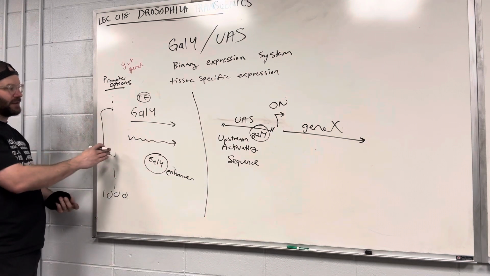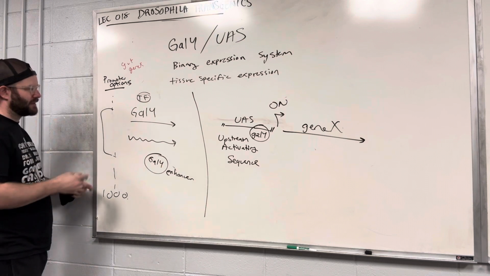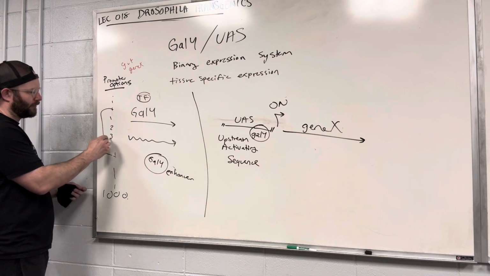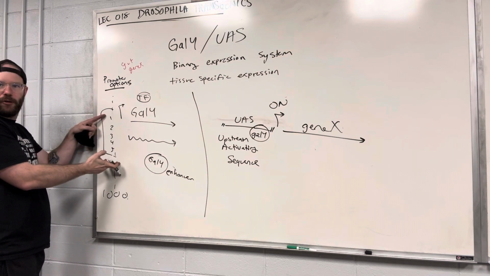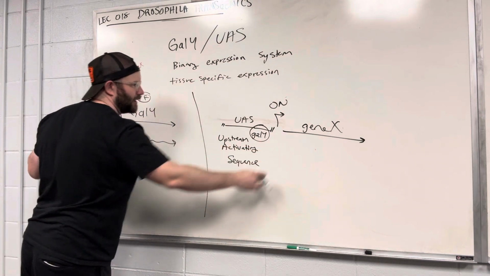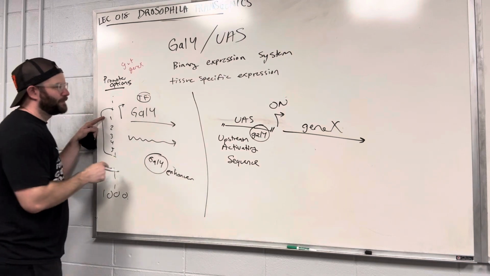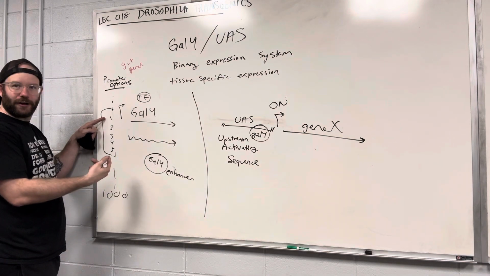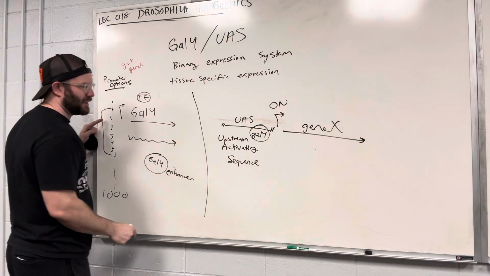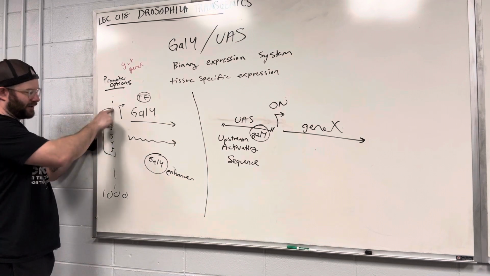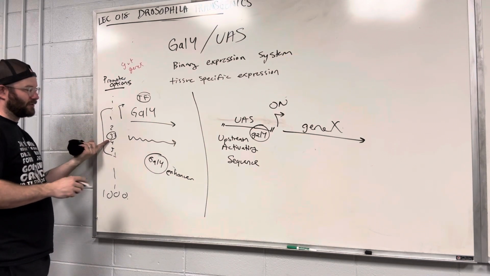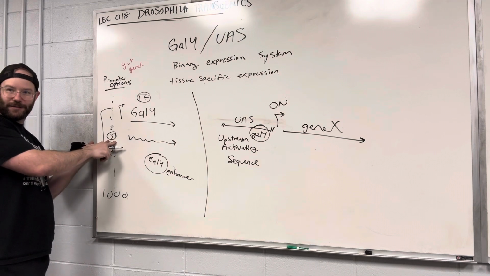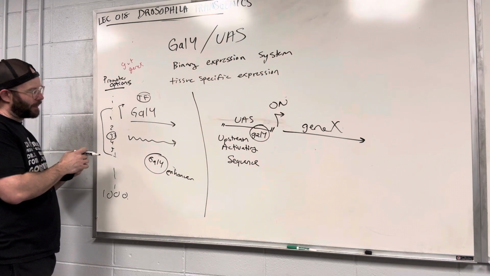You could just buy these. You could say, okay, I'm going to buy 5 different versions of Gal4 with 5 different promoters. I'll build this construct, and then I cross these two together. As soon as you cross them together, it activates the gene X. Then you can quickly empirically test which one is working the best. And if it's that one, then you do your experiments with that one. Does that make sense? And those are live flies that you're buying?